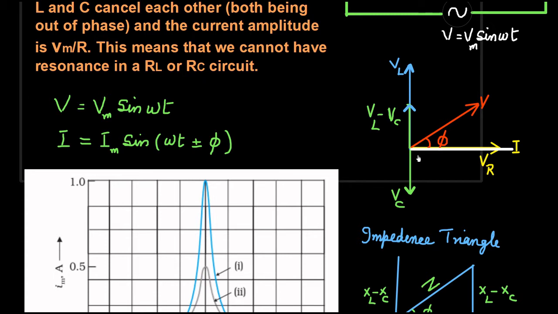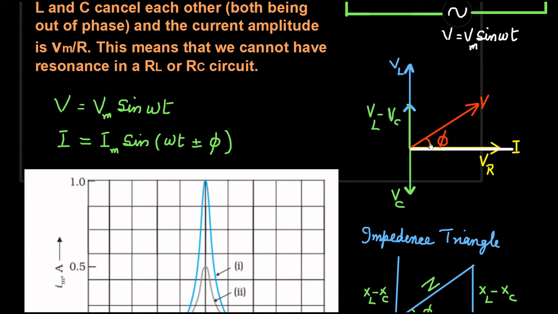What is the resultant voltage in the LCR circuit? That is the resultant of the VL minus VC vector and the VR vector, which are making an angle of 90 degrees with each other. Therefore, the resultant is V, and V is making an angle phi with the current phasor, or voltage is leading ahead of current by a phase phi in an inductor dominated circuit.